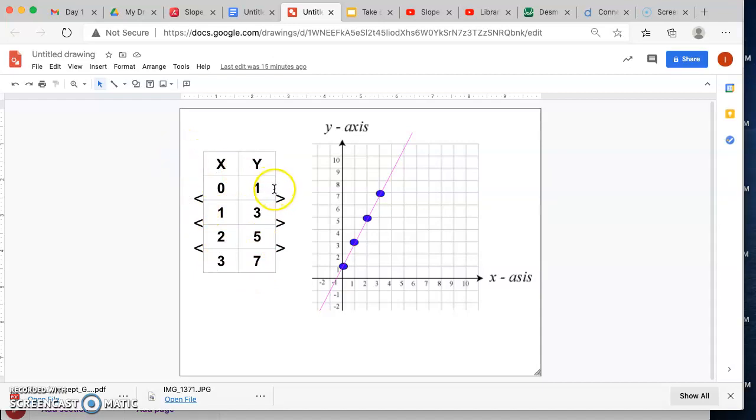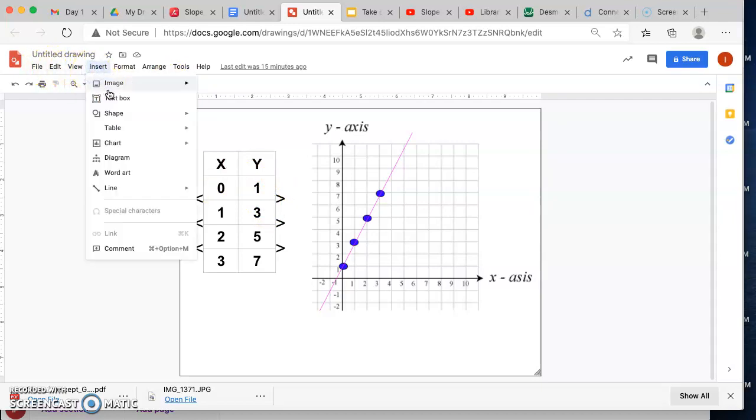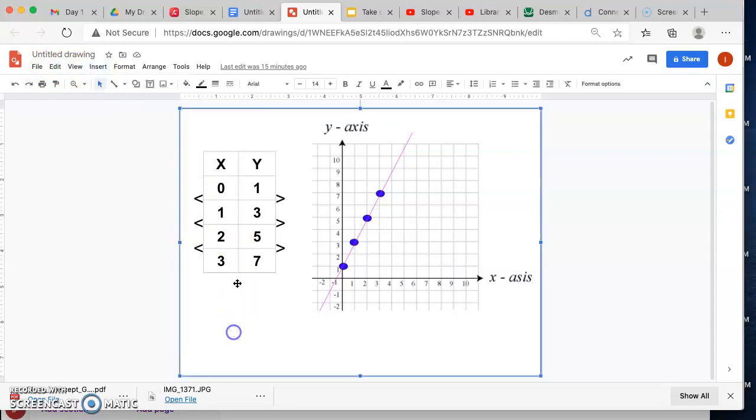So what's the first thing I need for my slope? For my slope, I need to know, well, what's the ratio of change in y, these right-hand values, to change in x, these left-hand values?